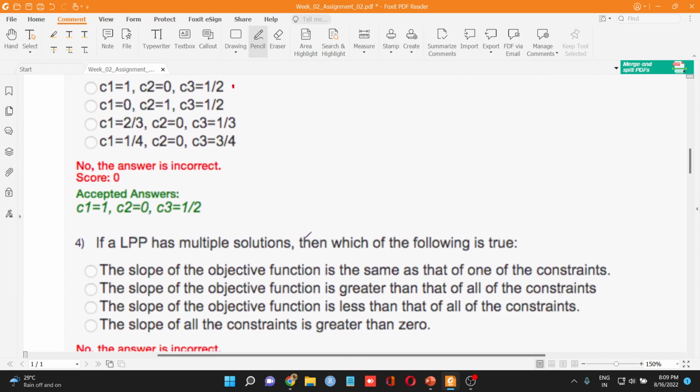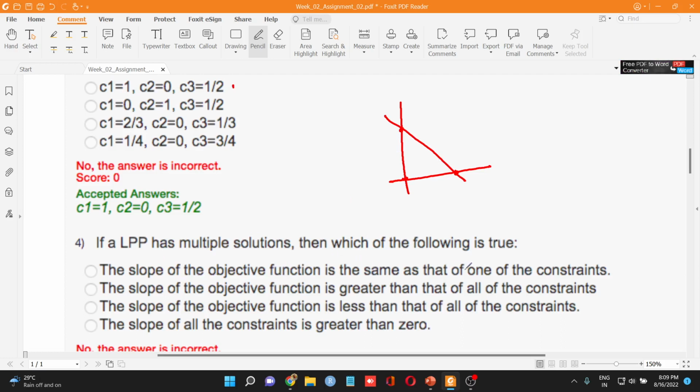If an LPP has multiple solutions, which of the following is true? If we observe in the graphical method, we had a solution involving this type of triangle. So we are saying that the LPP has multiple solutions. Then which is true?